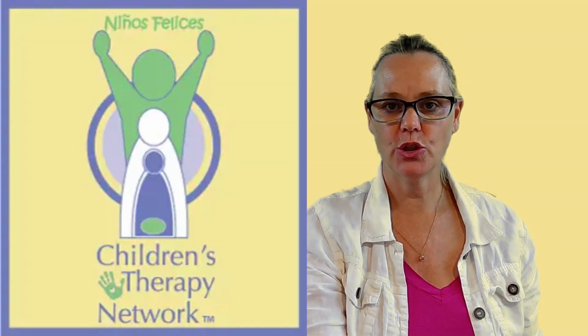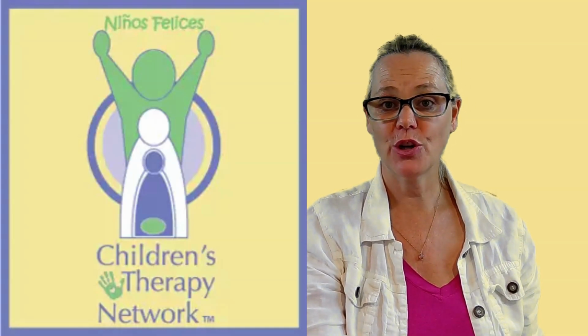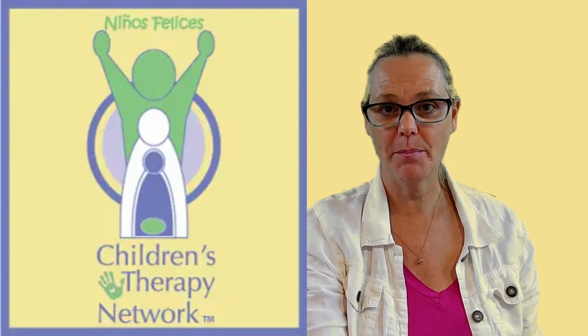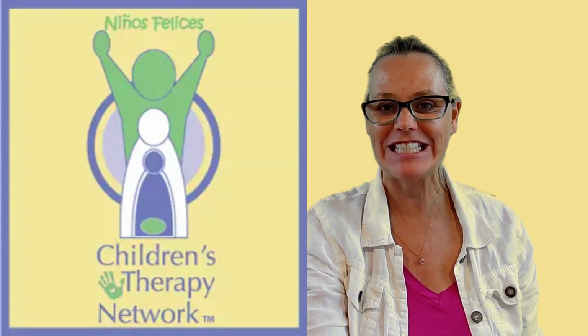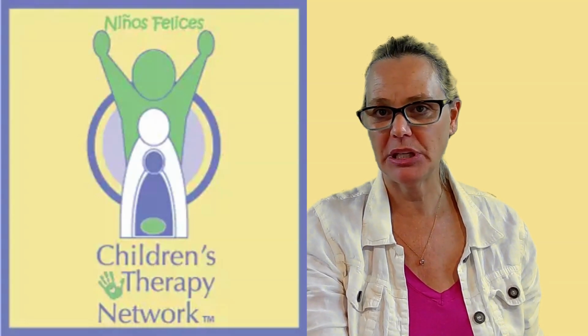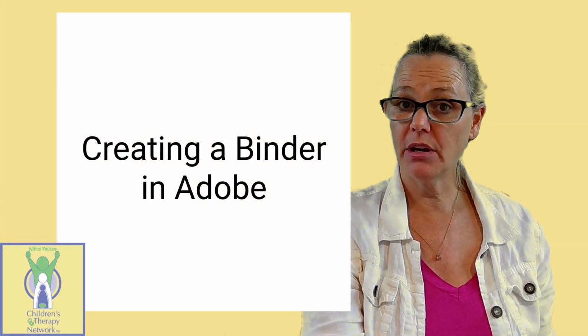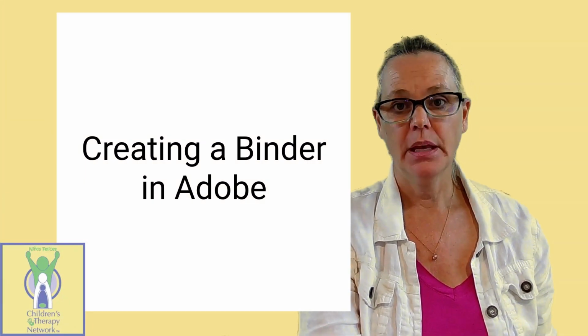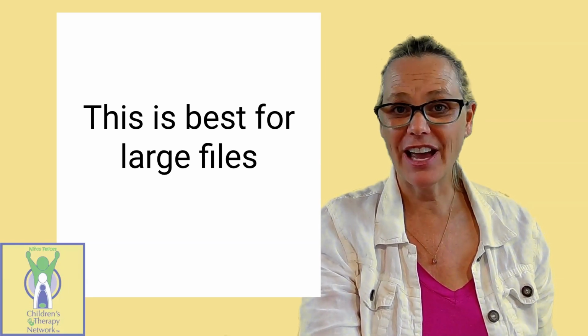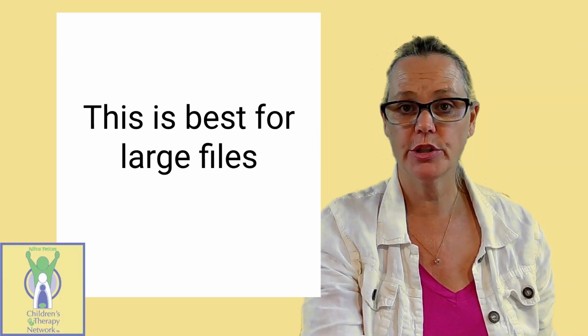In this final video series of how to use Adobe Signatures, I'm going to show you how to use Adobe Acrobat Pro desktop app to convert multiple individual files into one large combined PDF, what Adobe calls a binder. This method is ideal when working with multiple files too large for the web version.